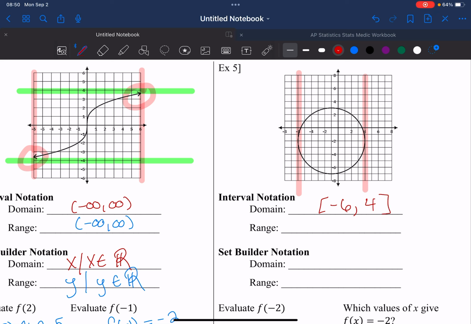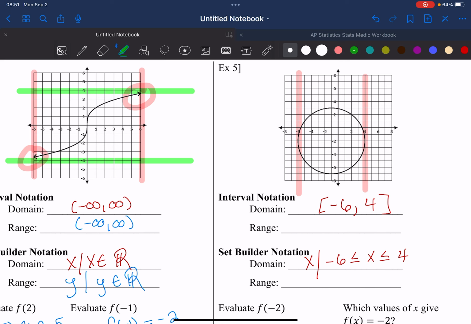So if I was to say this in words for our set builder notation, that means our domain is all numbers between negative 6 and 4. So x such that -6 is less than or equal to x, less than or equal to 4. X is between those two numbers, and they are included because they are solid lines.